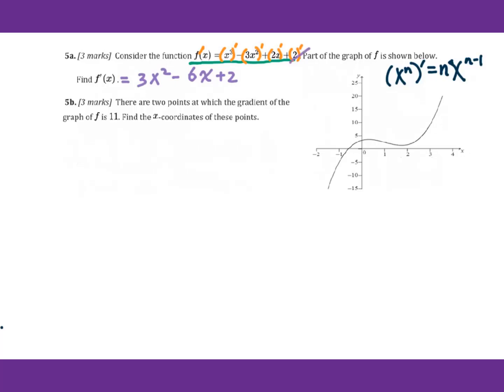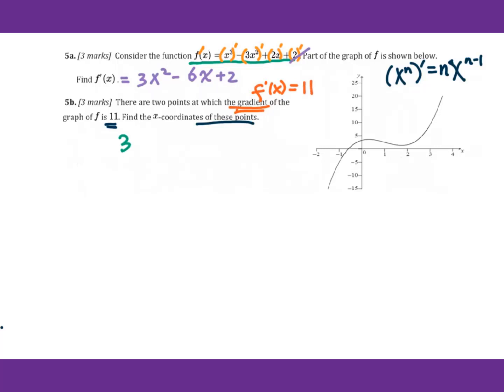For 5b, there are 2 points at which the gradient of the graph of f is 11. Find the x coordinate of these points. The gradient means the derivative, which equals 11.